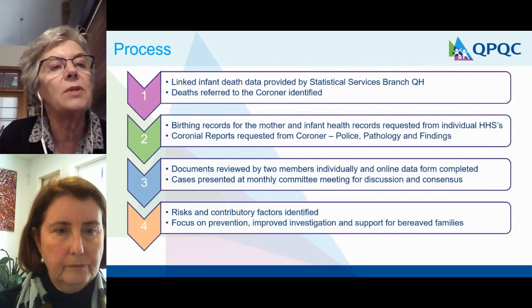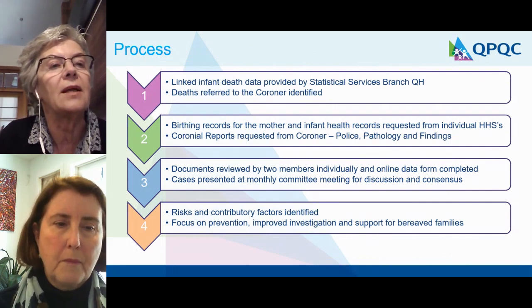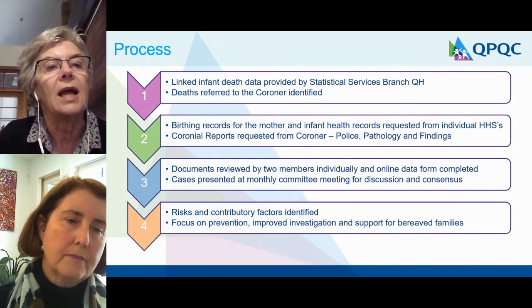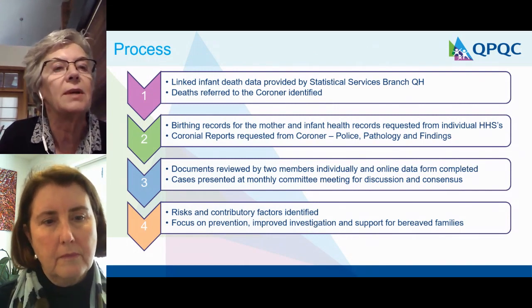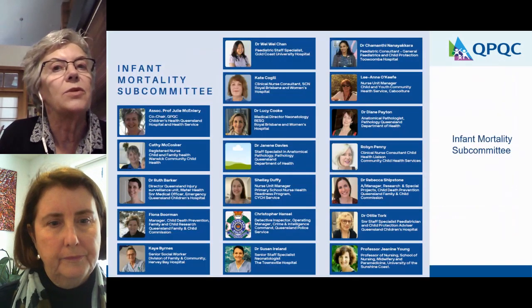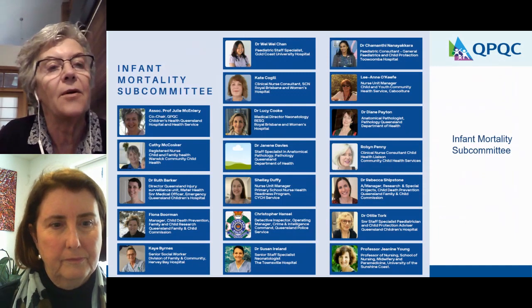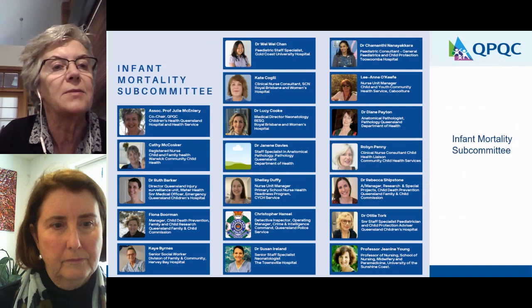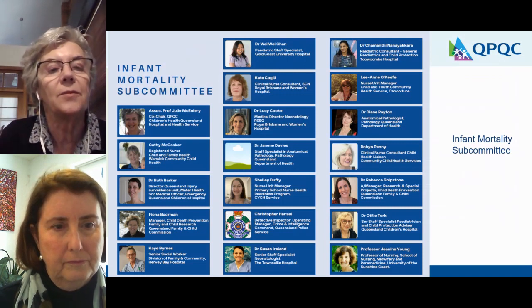And 2 members individually from this expert panel subcommittee review the documents and complete an online data form, and then we present the cases at a monthly meeting and develop consensus. And this is our committee, just to give you an idea of the hard work from all these clinicians and other experts who donate their time pro bono.